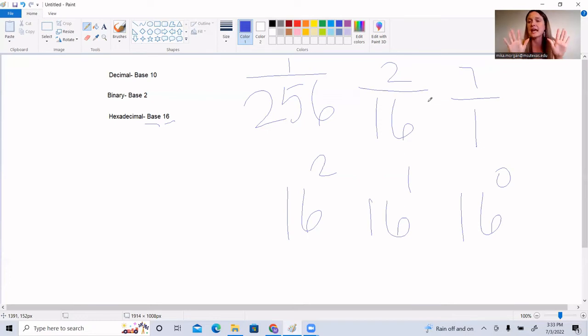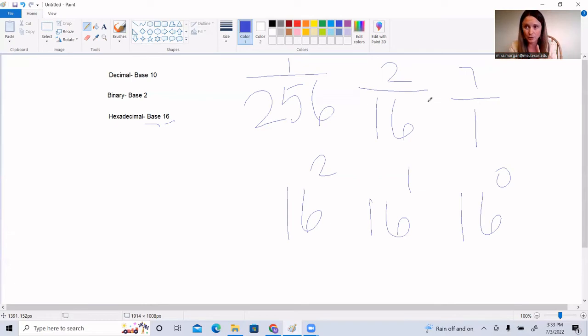Because when we deal with base 10, we can only go up to the number 9. And if I want to try to represent 10, I have to regroup. I have to have a 1, 0. I need a second digit to do that. I have to go to the next place value. I cannot write 10 as a single digit in base 10.